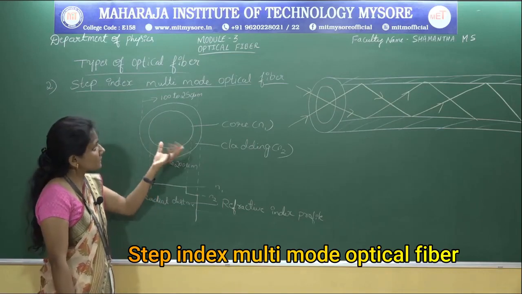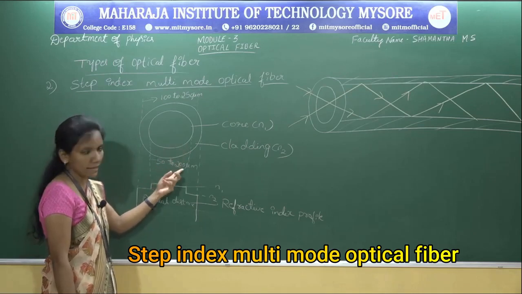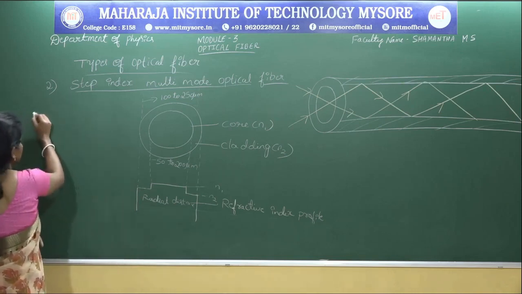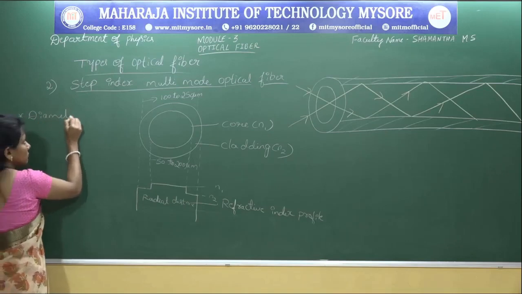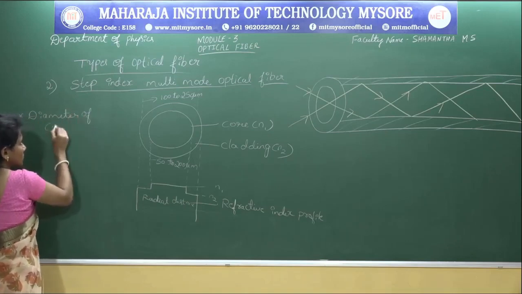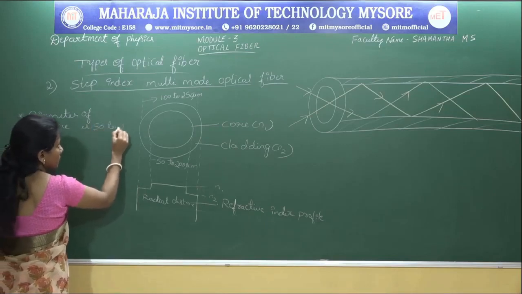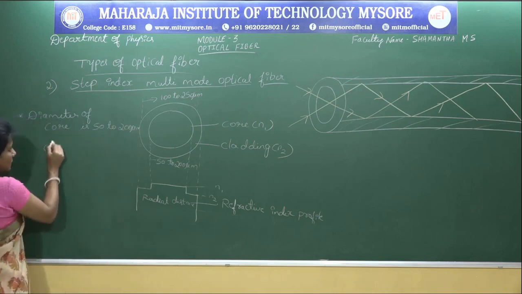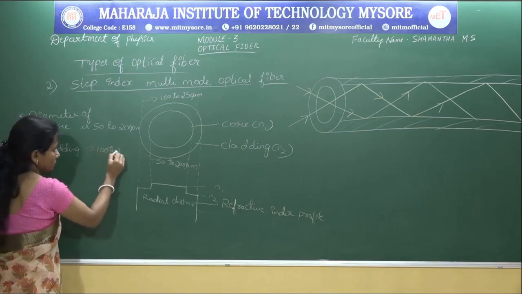The diameter of the core is 50 to 200 micrometer, and the diameter of the cladding is 100 to 250 micrometer.